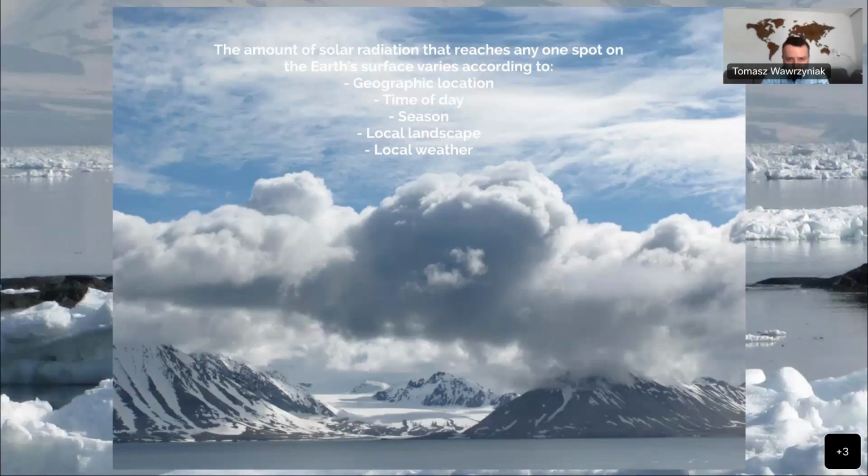The amount of solar radiation that reaches any spot on Earth varies according to not only geographic location, it also depends on the time of the day, on the season, on local landscape, and also local weather. We know that if we want to know the climate of any particular place, it may be different at different locations. For example, different valleys, because the mountains surrounding the valleys also influence the local climate.